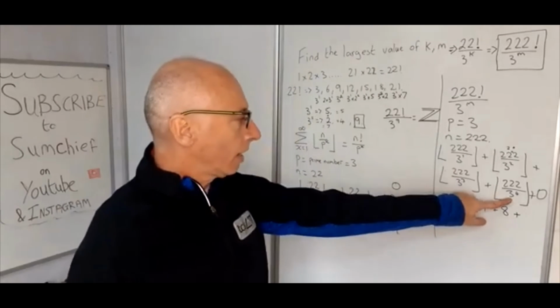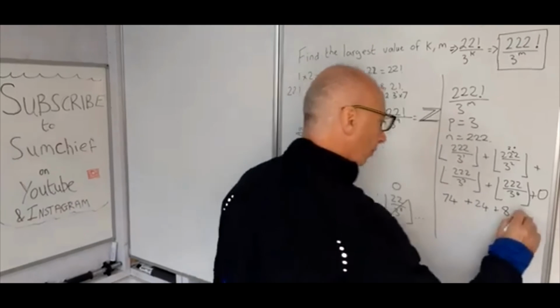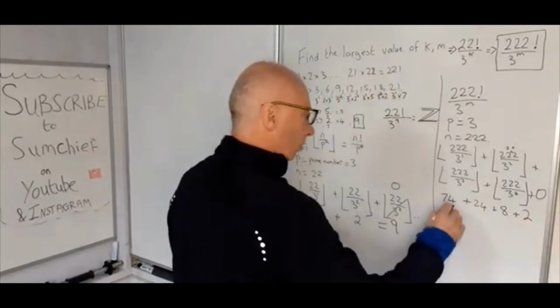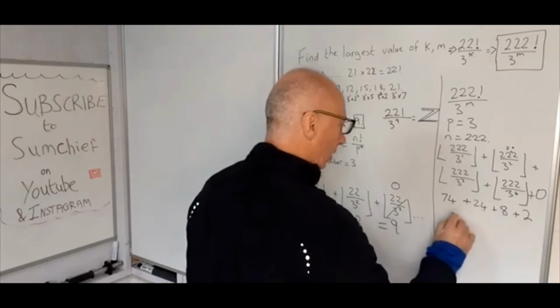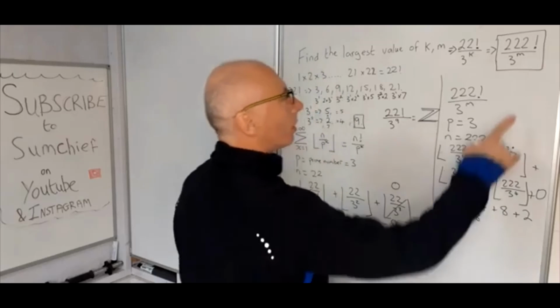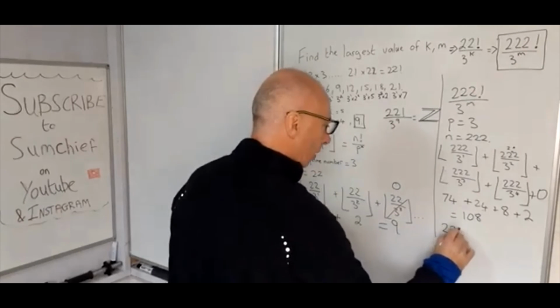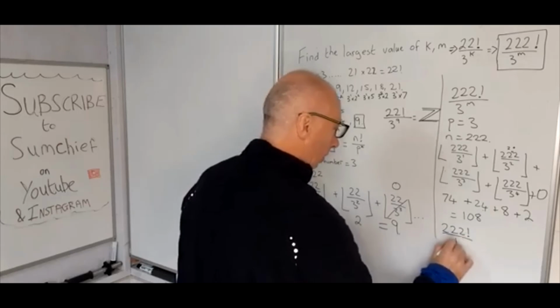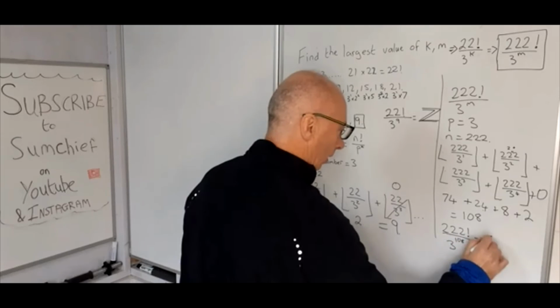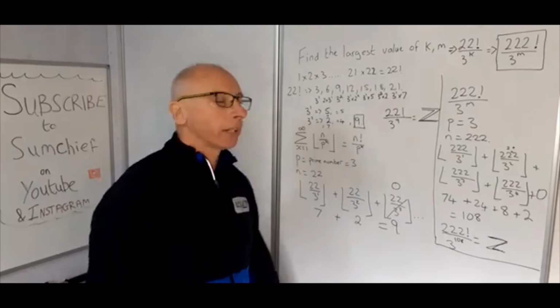And this one here is 81. Well, 81's into 222 is just going to give us 2. So therefore we've got 74, 98, 106, 108. So therefore we can say that m here is 108. So 222 factorial divided by 3 to the power of 108 equals an integer. Okay, that's how we work that out.